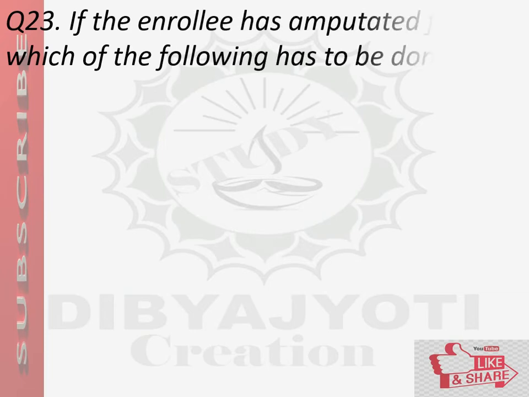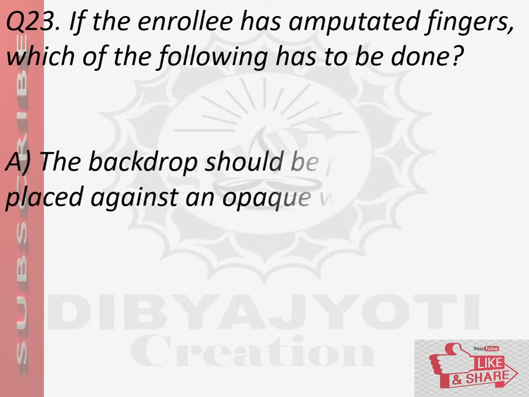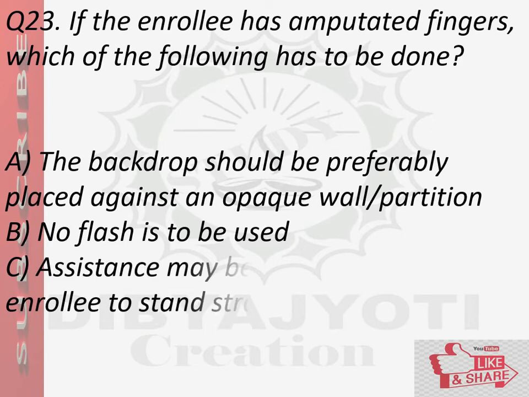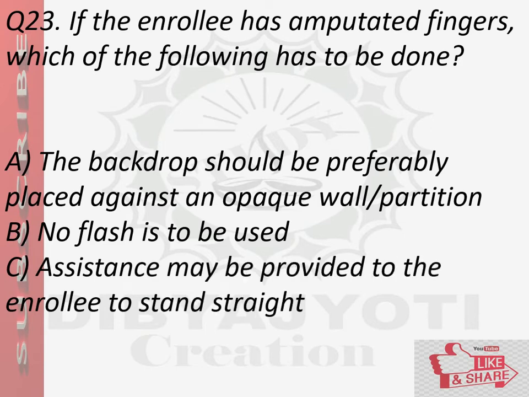Next, if the enrollee has amputated fingers, which of the following has to be done? Options are: option A, the backdrop should preferably be placed against an opaque wall or partition. Option B, no flash is to be used.